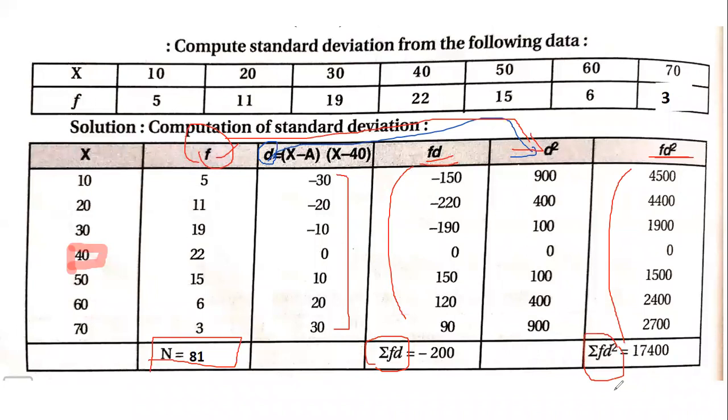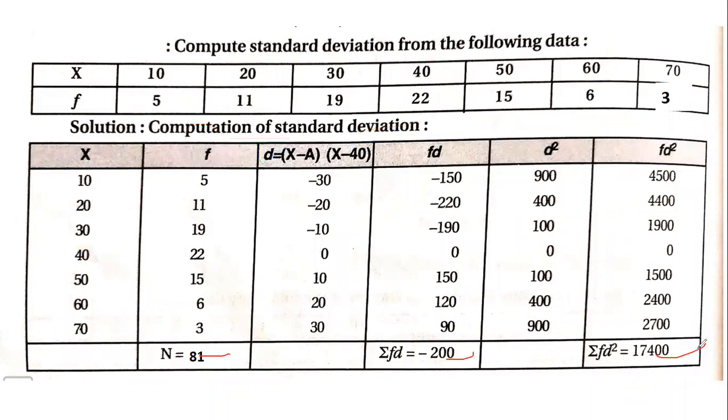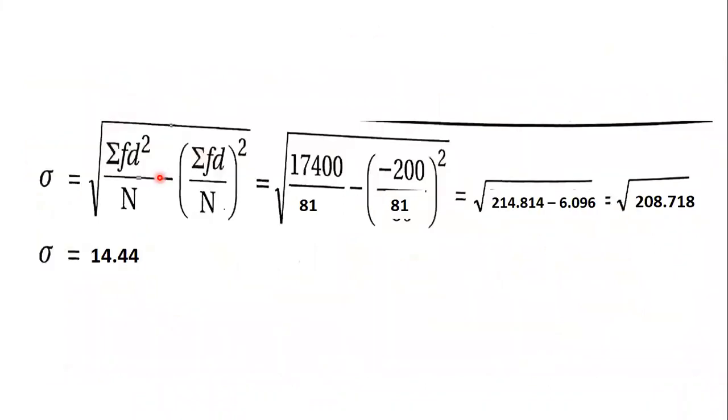After this, put all these three numbers into the formula. So what is the formula? Root of sigma fd square by n minus sigma fd by n whole square. When you put in the numbers and simplify them, you get the standard deviation 14.44.